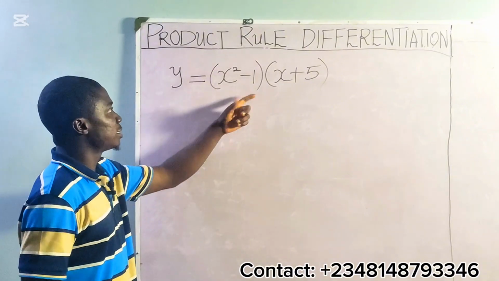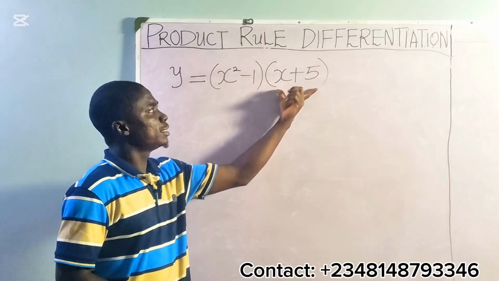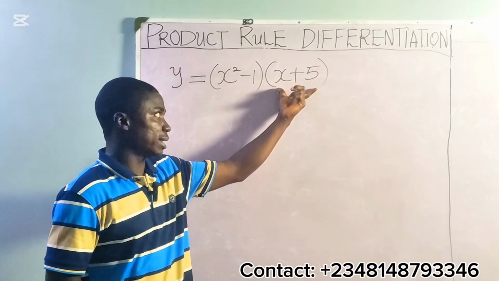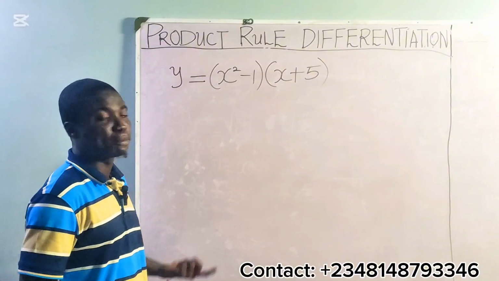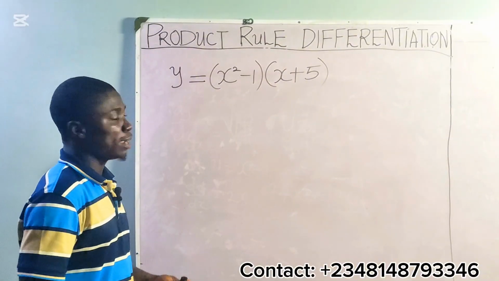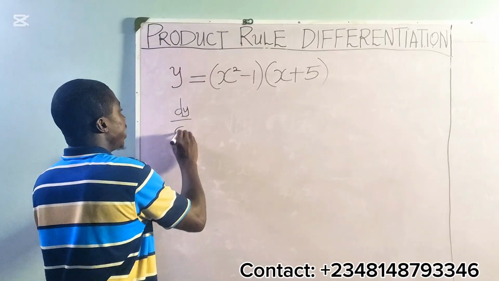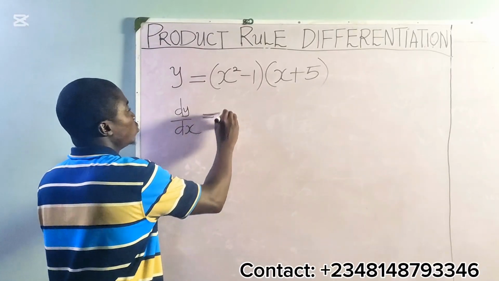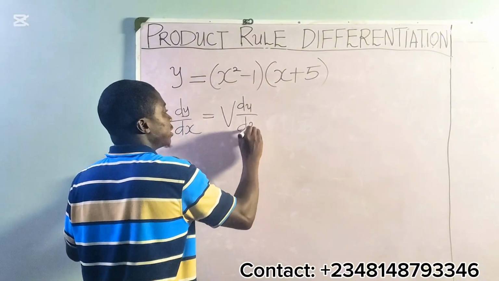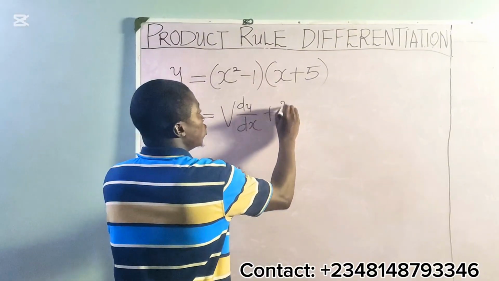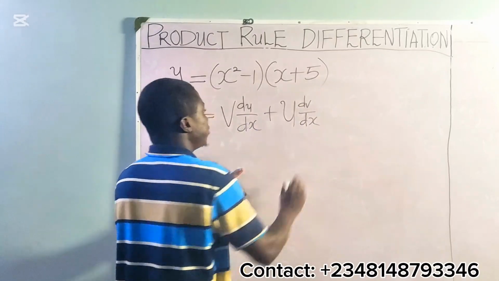If you look at this, you will notice that the first bracket is multiplying the terms in the second bracket. So you can simply use the product rule to solve this problem. Remember the product rule formula, dy over dx is equal to v du/dx plus u dv/dx.